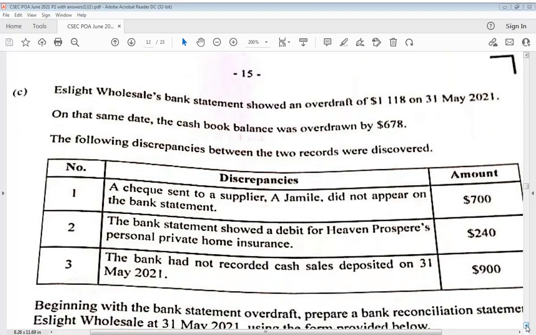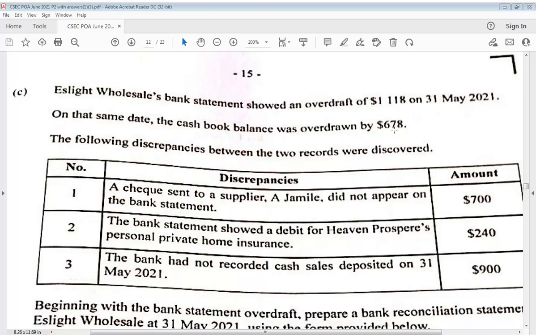Let's look at the second discrepancy. It says the bank statement showed a debit for Haven Preparers Personal Private Home Insurance, $240. So this $240 is shown on the bank statement, but not in the cash book. On that same day, the cash book balance was overdrawn by $678.